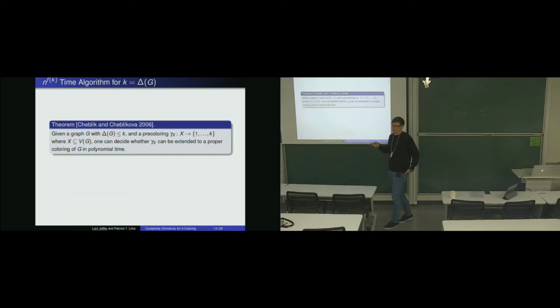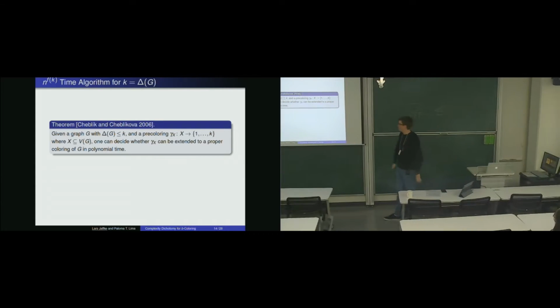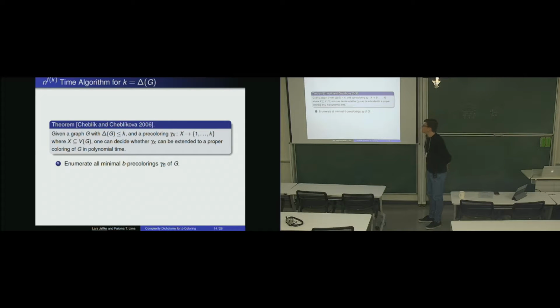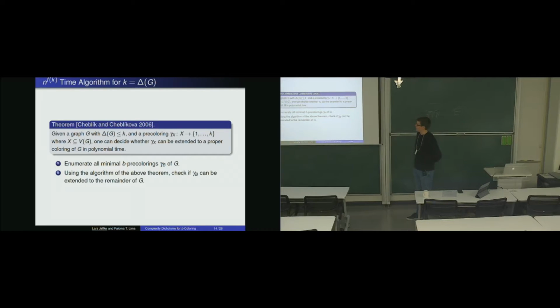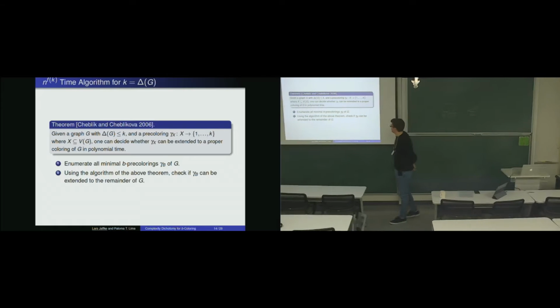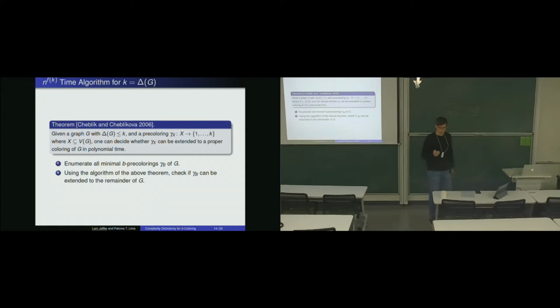So note that this is not necessarily immediate because some things might go wrong. But then what do we do? Again, we just enumerate all the B pre-colorings and we use this algorithm to check if it can be extended to the remainder of G. And that's all we have to do.